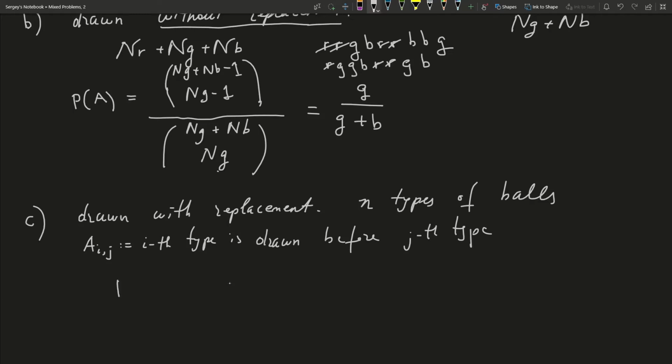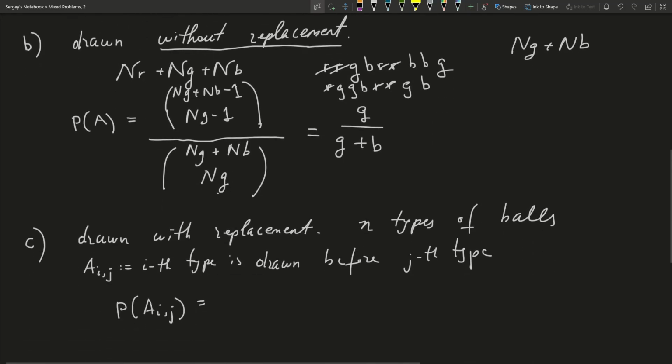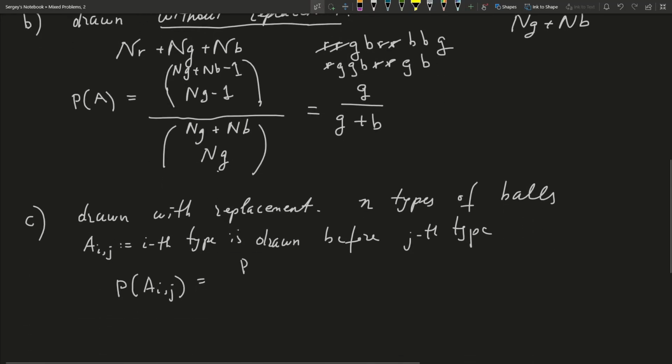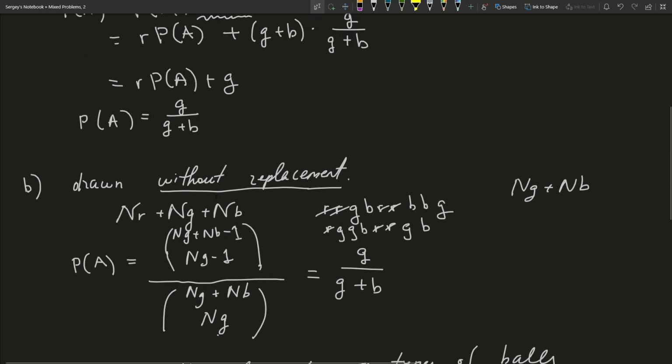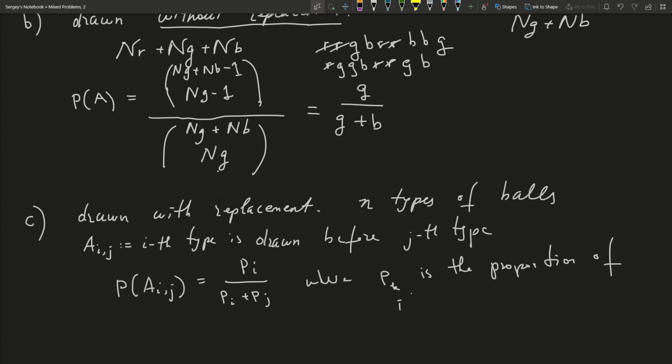And so generalizing the result from part A, we get that the probability equals P sub i over P sub i plus P sub j, where P sub k is the proportion of items of type k.